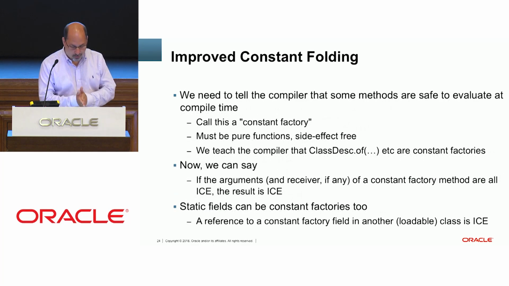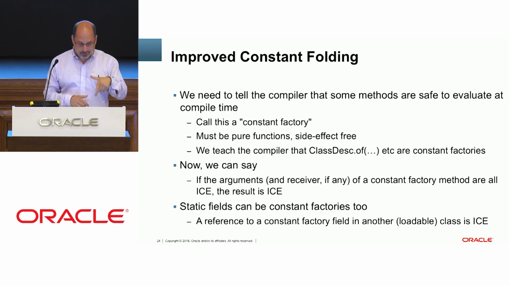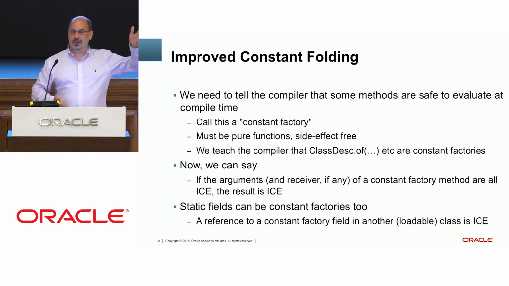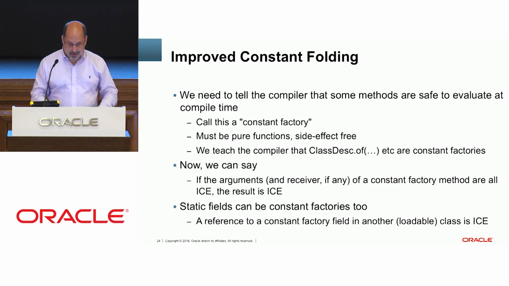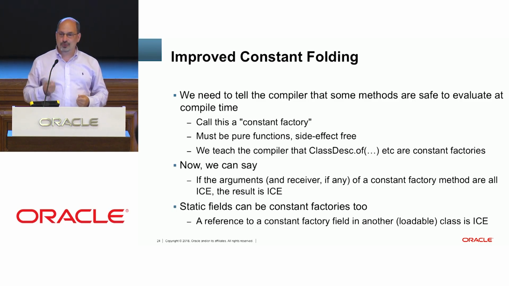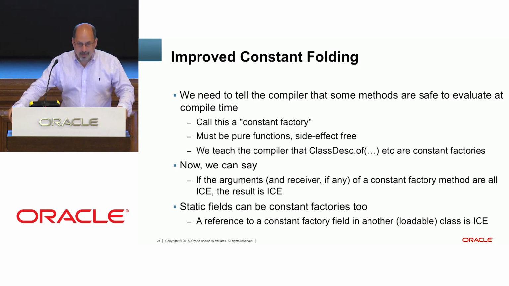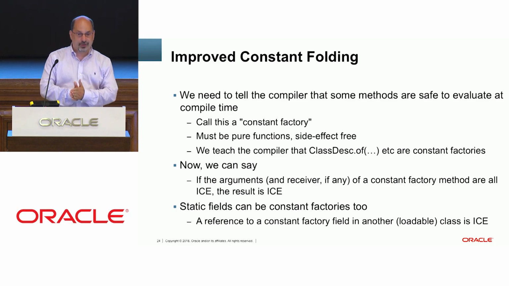We have to do a little bit more, because if you look back at the code, which I'll show you again in a few minutes, we also had to call some methods. We had to call class descriptor of. And we want that to be a constant too. So we have to tell the compiler that some methods are safe to invoke reflectively at compile time. And so let's call this kind of method a constant factory.